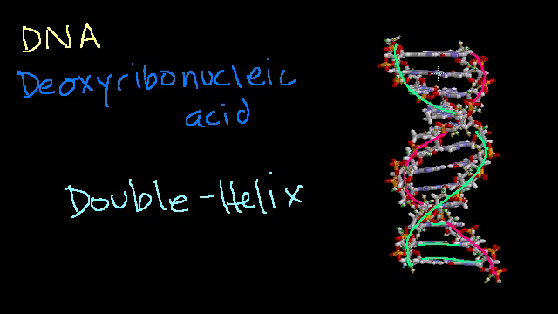So the double helix just describes the structure, the shape that DNA takes, and it leads to all sorts of interesting repercussions in terms of how heredity takes place and how natural selection and variation might take place as well. In the future, I do want to read with you Watson and Crick's paper on the double helix, where they talk about their discovery.